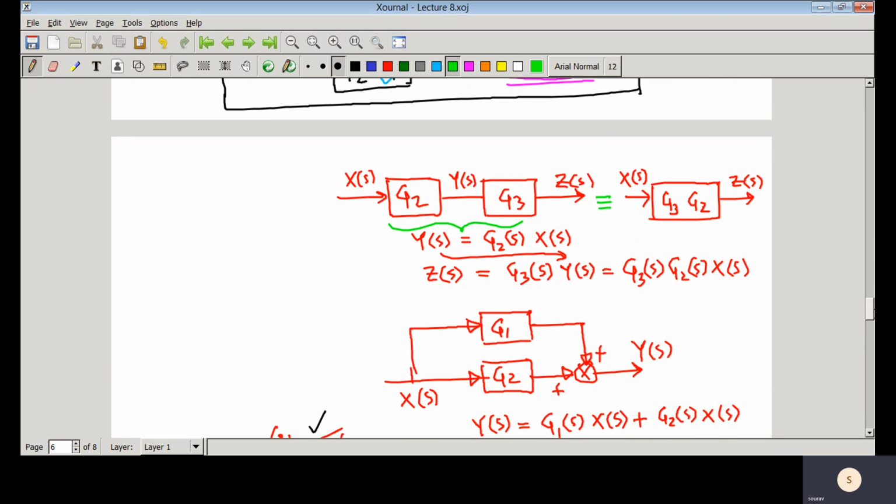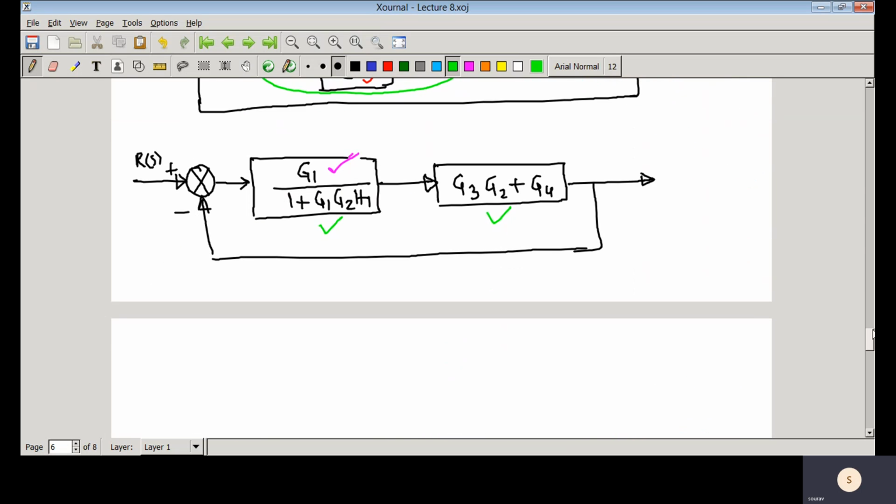Now these two transfer functions, this one and that one, are cascaded. Whenever they are cascaded, you know, they will be in product form. So then you can write the transfer function here. I am writing it from this point to that point.